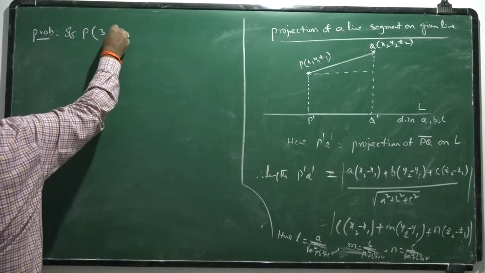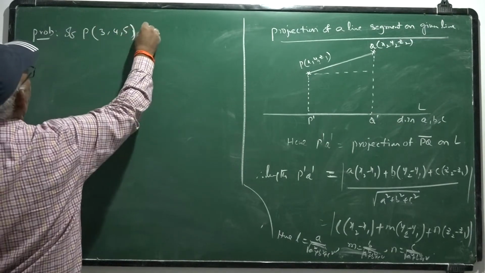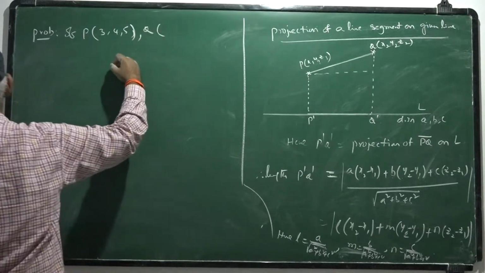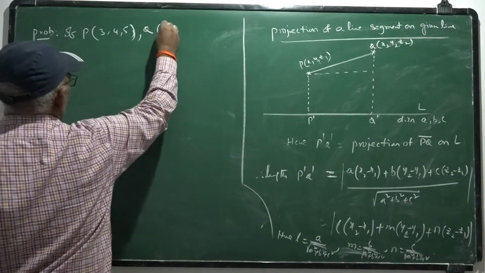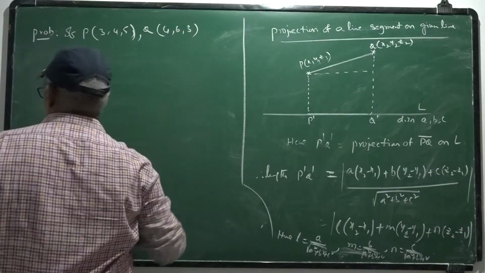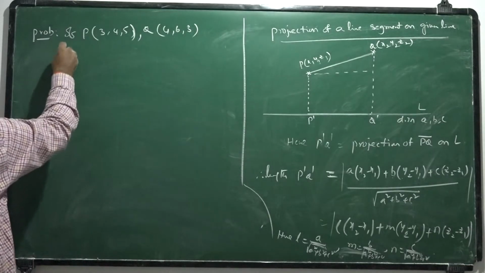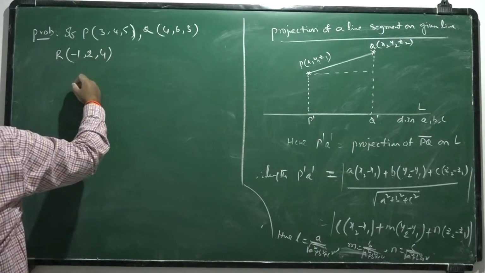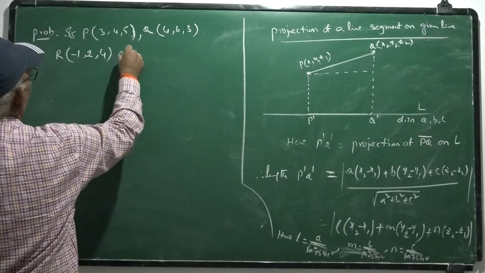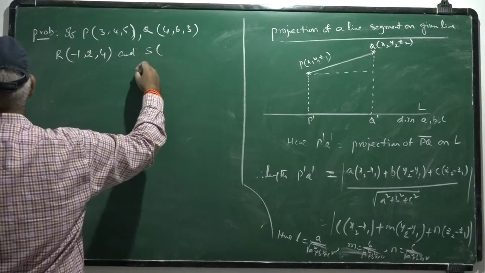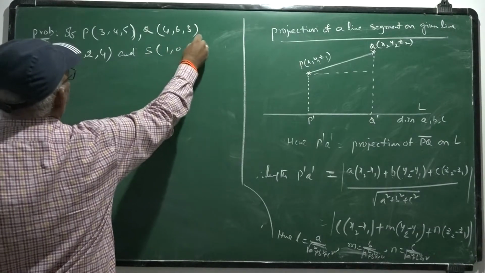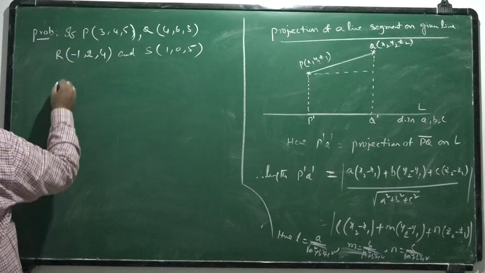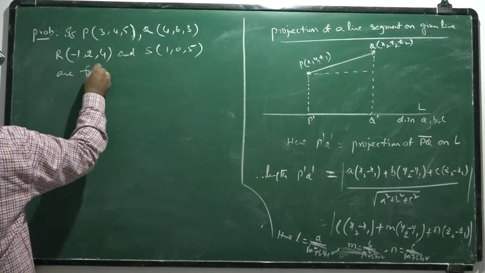P is 3, 4, 5. Q is the point 4, 6, 3. R is the point minus 1, 2, 4. And S is given as 1, 0, 5, four points.